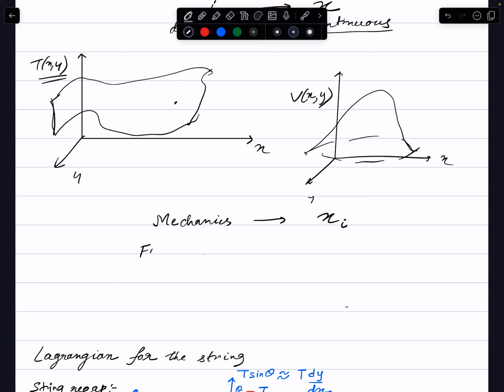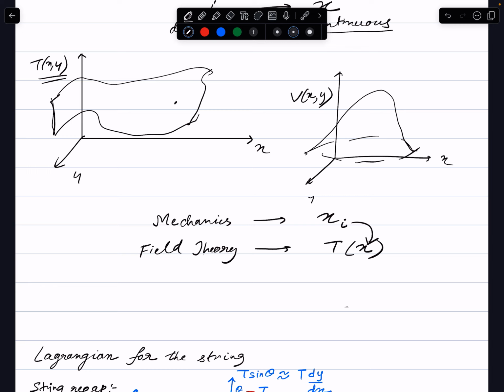But in field theory, it will be some field, let me call it T of x. So the role of the label is now taken by x. x is no longer my degree of freedom.